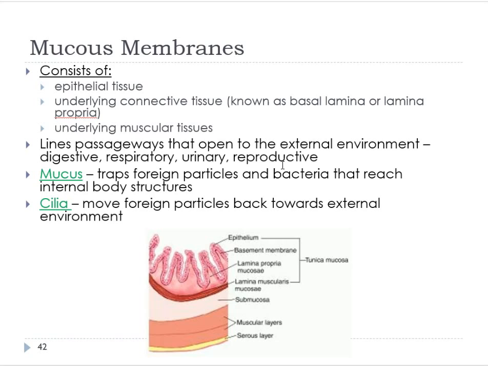And then there's another word, cilia. Cilia are these little thin, tiny hairs that basically move foreign particles away. So they basically kick it back out. We have some cilia, like inside of our nasal cavity, that are designed to basically propel them out so we can sneeze them out eventually.